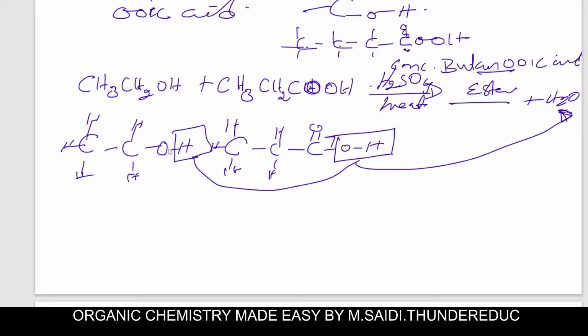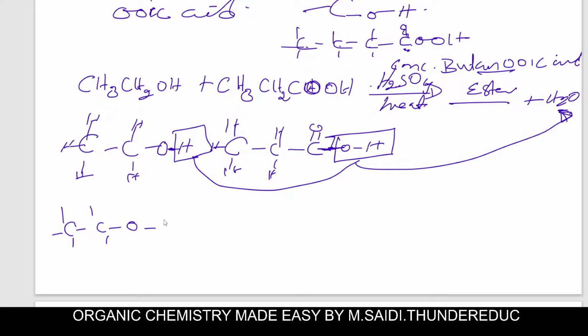Now, remember this was a bond, but it got broken. And this was a bond to oxygen, but now it's broken. So this bond and this bond, half a bond and half a bond, will join to form a full bond. Therefore, when I'm writing, I write this C, the oxygen there with a half bond.